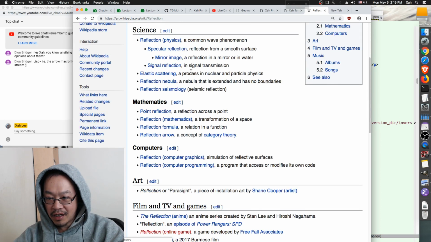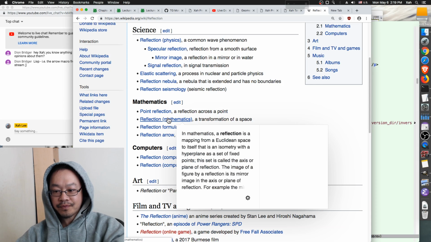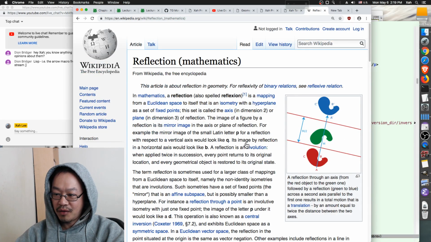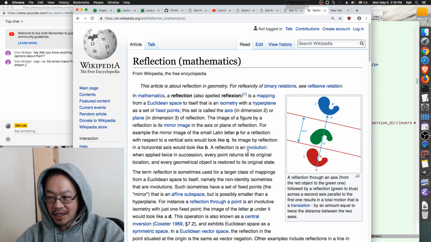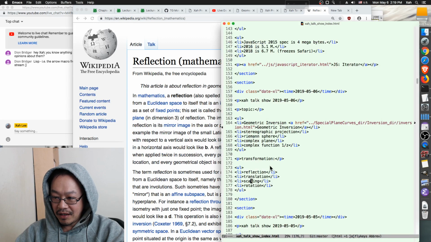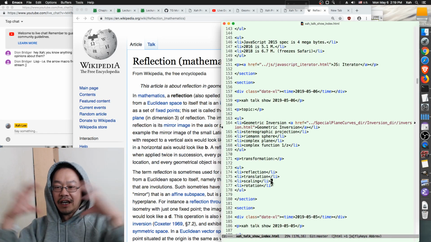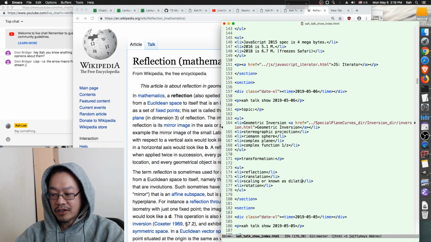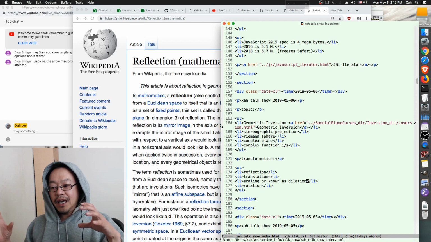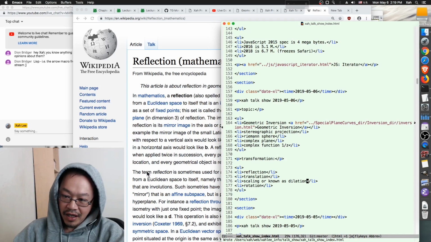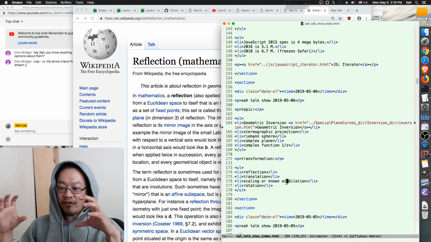So let's see the article. Here is an article on reflection. You can see Wikipedia examples. So scaling is also known as dilation. And another thing is rotation. Everyone understands rotation.